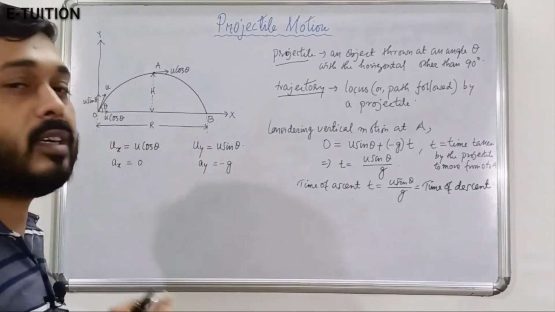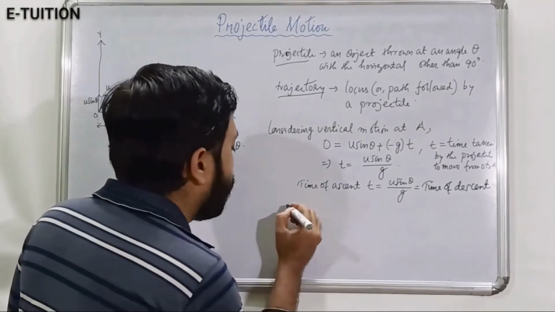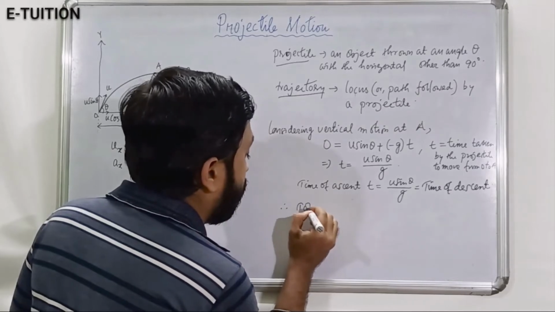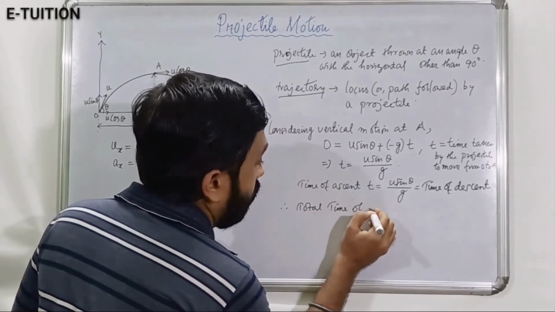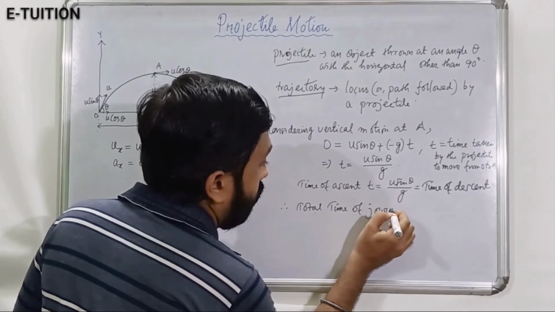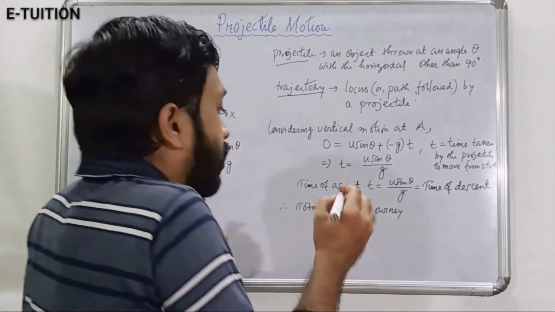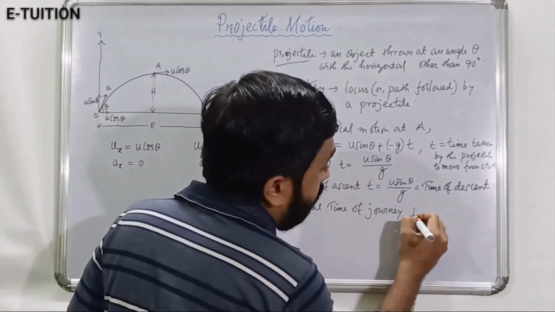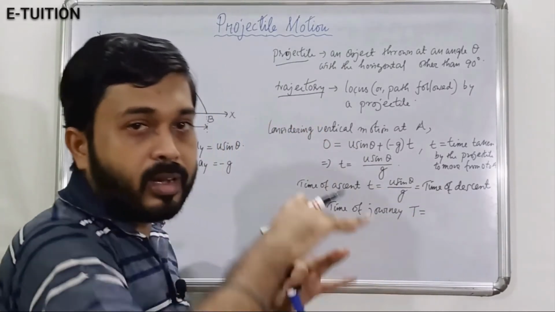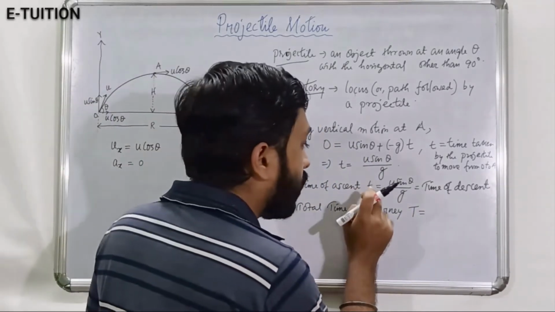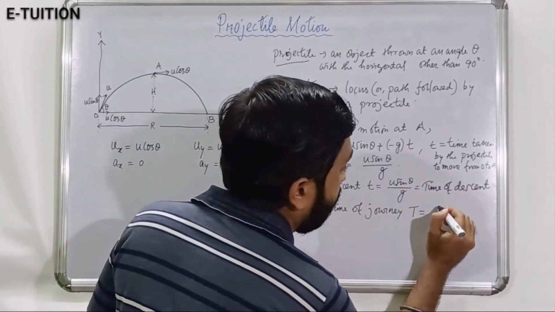Now we need to find out the entire time of journey, the total time of journey, and that is actually capital T equal to t plus t, time of ascent plus the time of descent, 2 times t, that is 2u sin theta by g.